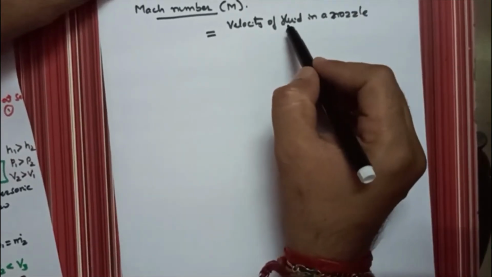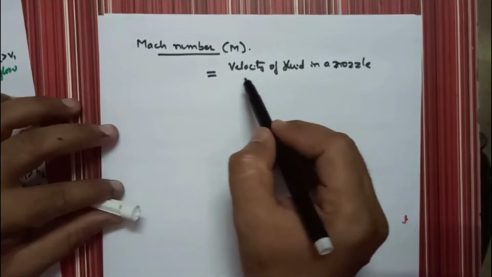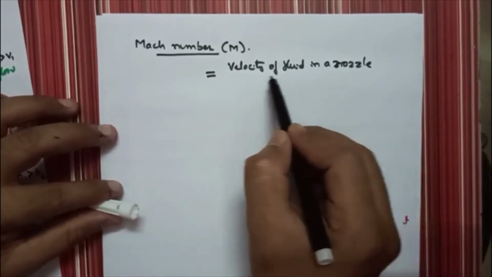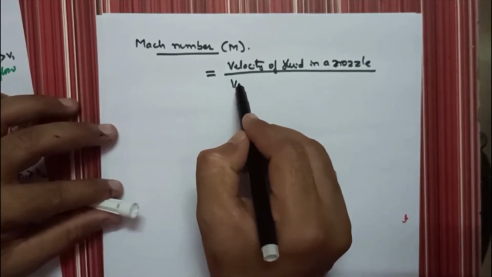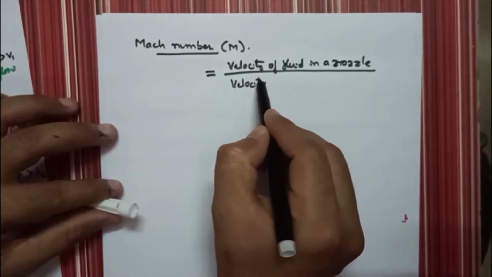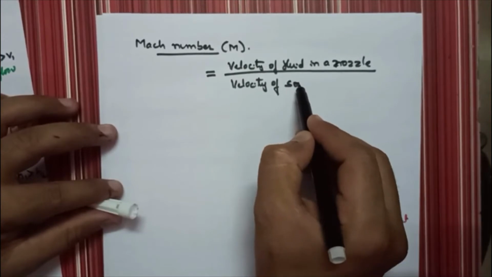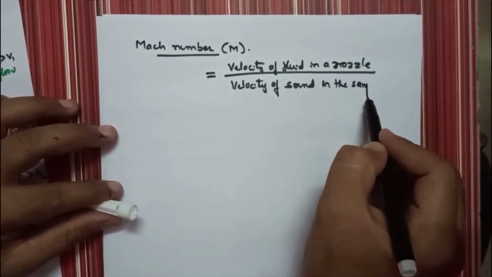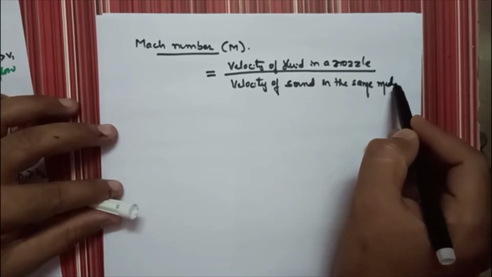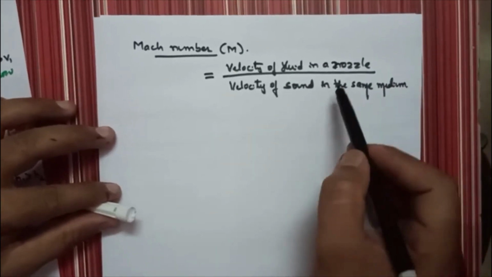Fluid, it may be steam or it may be gas, whatever it may be. Ratio of velocity of fluid in a nozzle to the velocity of sound in the same medium. Same medium means same nozzle.